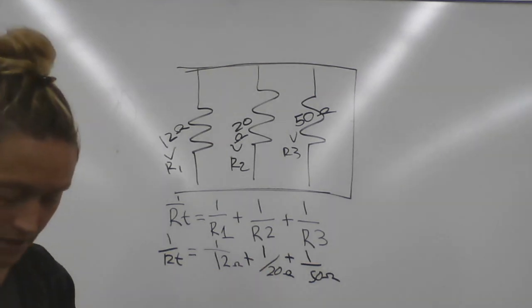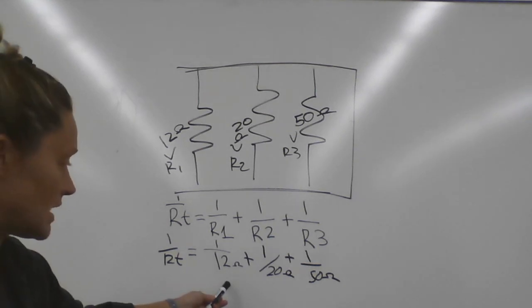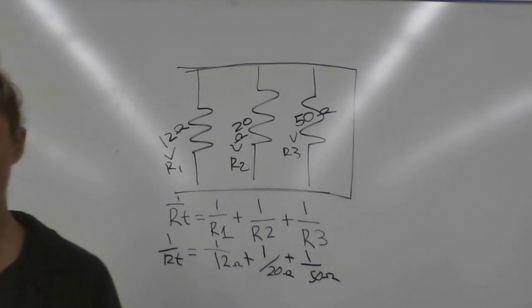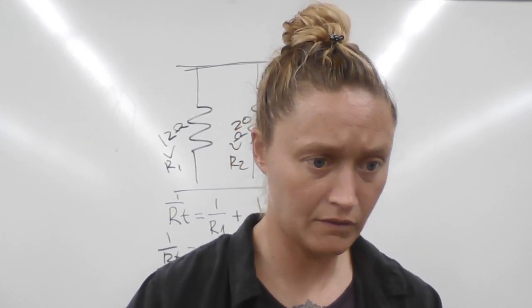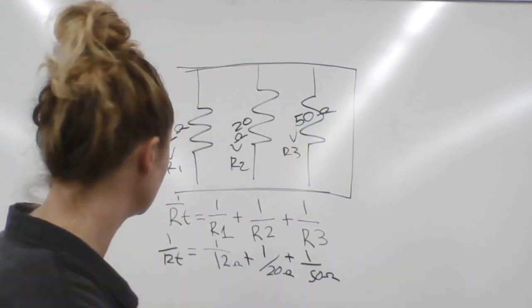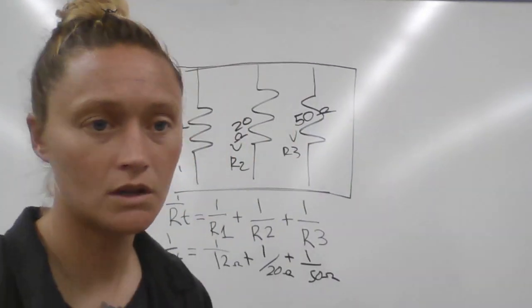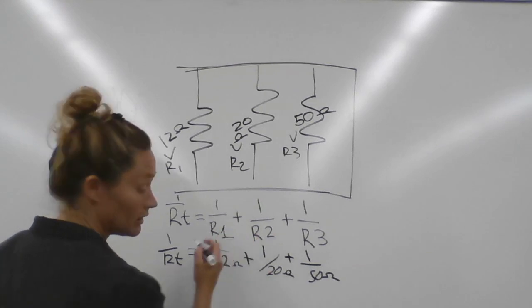So remember, we're going to calculate these out to actual decimal points. I am going to use the calculator on my computer. Okay, so we're going to do 1 divided by 12. That gives us 0.083 repeating.